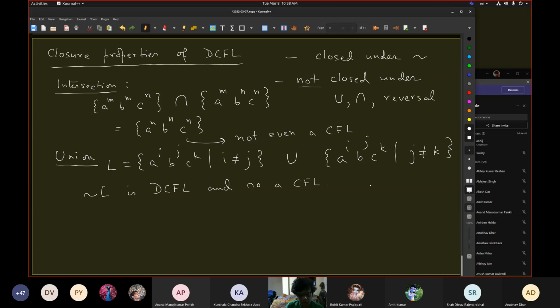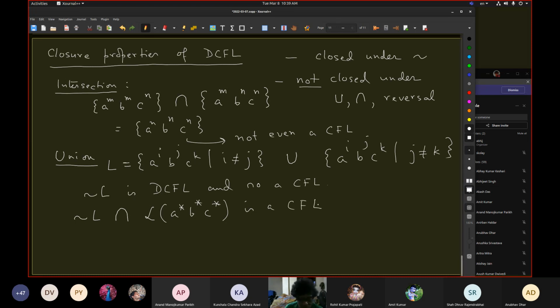It's something very similar to the product construction. The regular part does not require a stack, so the stack will be used for the context-free part of that pair. Therefore, I can say that this intersected with the regular language a star, b star, c star is a context-free language.